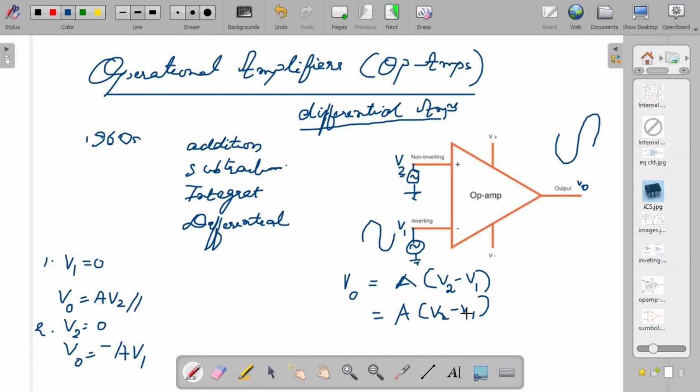Or you can use it in the differential mode, that means you give signals at V2 as well as V1. Whatever be the case, depending upon the mode, the amplification will be done.